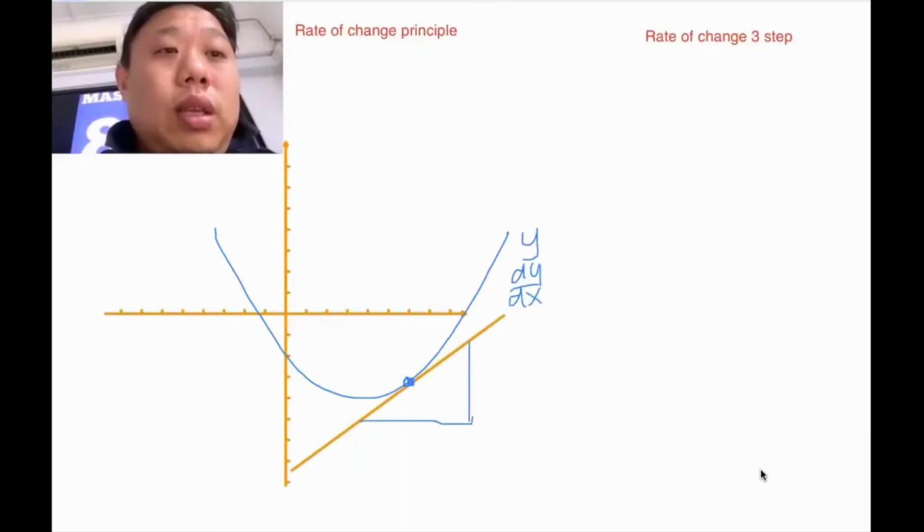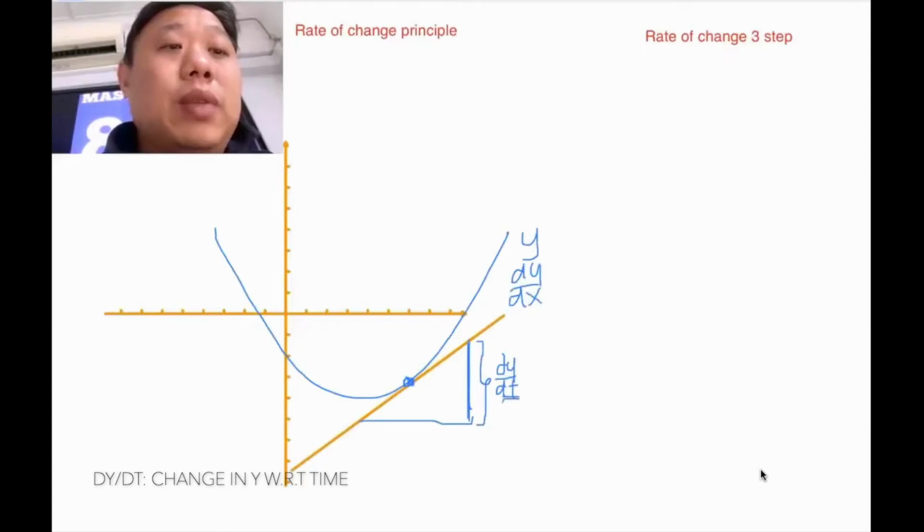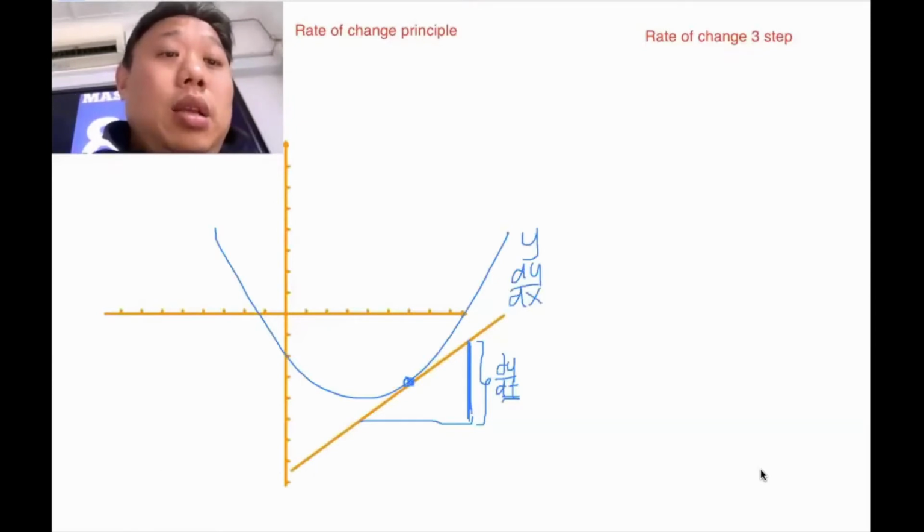If I change at this point by a certain value, we call this dy/dt, a change in y with respect to time. And here is going to be the change in x with respect to time, dx/dt.